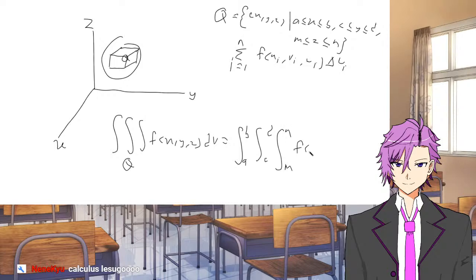Then we'll do f(x, y, z), first from m to n, dz, and then c to d, so it would be dy. And then next would be dx. So dz, dy, dx. dy is from c to d, and dx is from a to b.